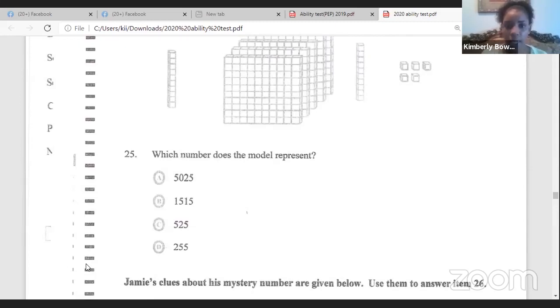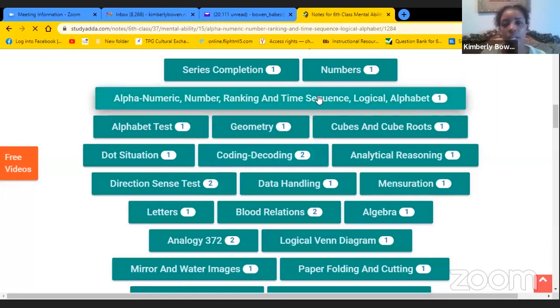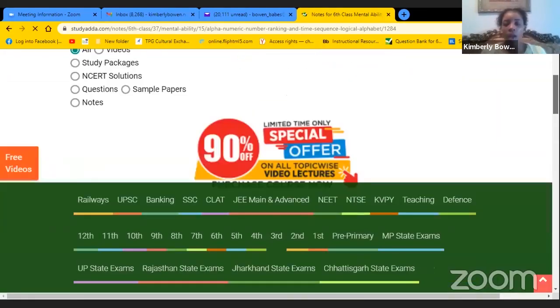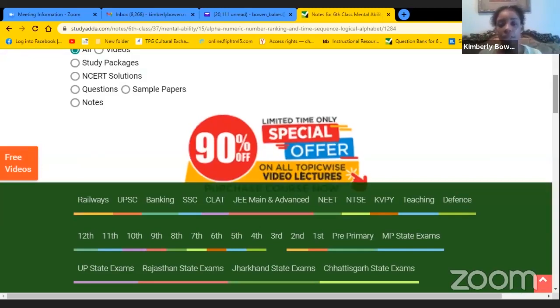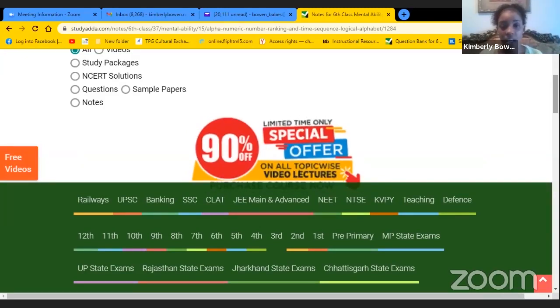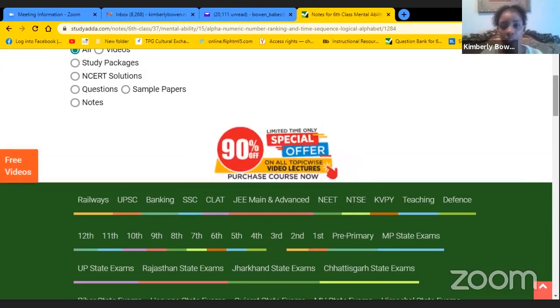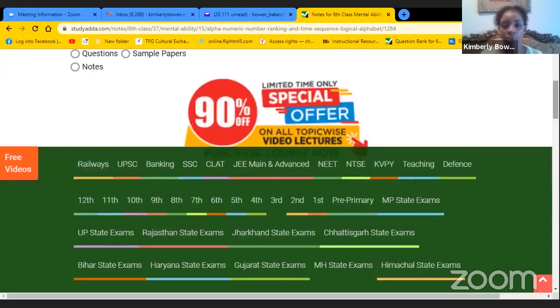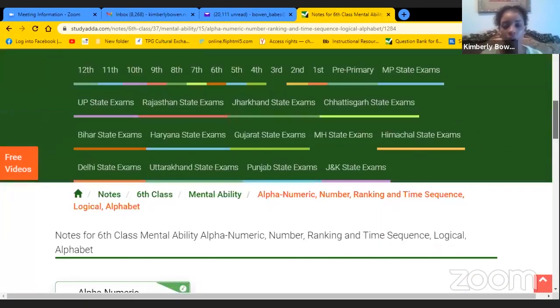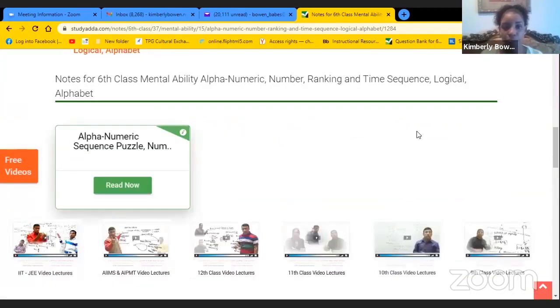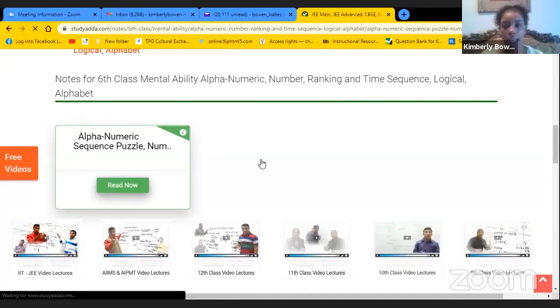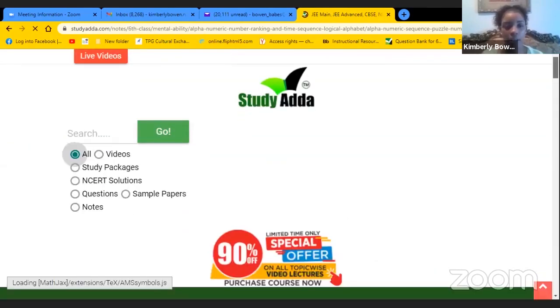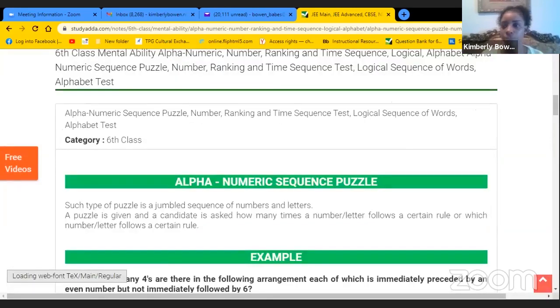So we're going back to the study other website, and I'm going to be looking at a ranking sequence test. As soon as we finish with the format of the ability test examination, I will be able to share more information from the study other website, go through the maneuvering of the website with you, and then go in depth at some of the notes there, as well as look at some of the questions that I created here in the study bank.